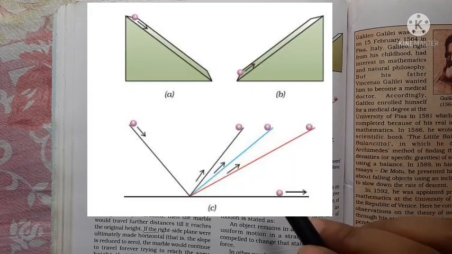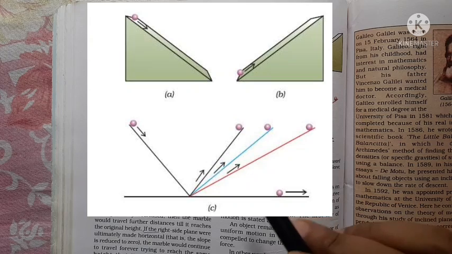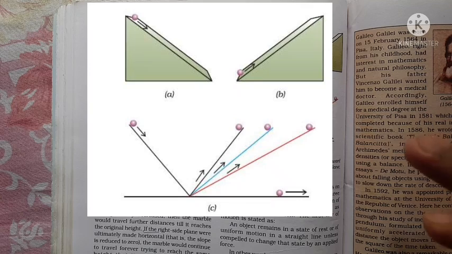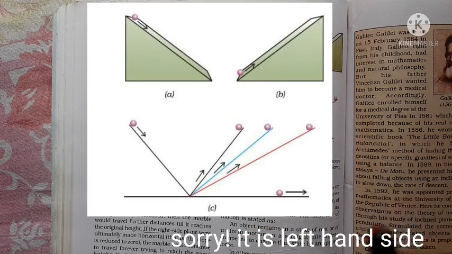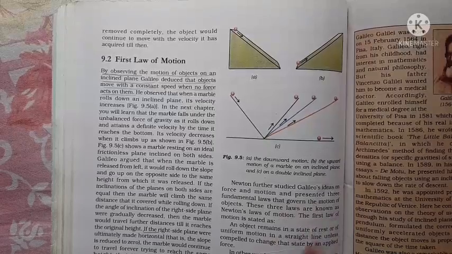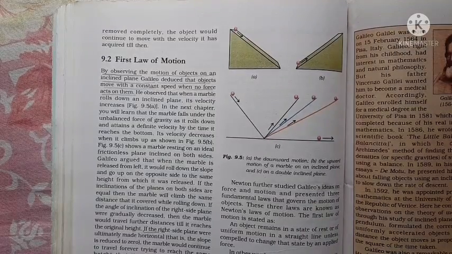If we take the marble and release it from a height on the plane on the left hand side, it will slide down and finally rise up the plane on the right hand side up to the same level from which it was released. That height is the same in both cases because the angle of inclination is the same.